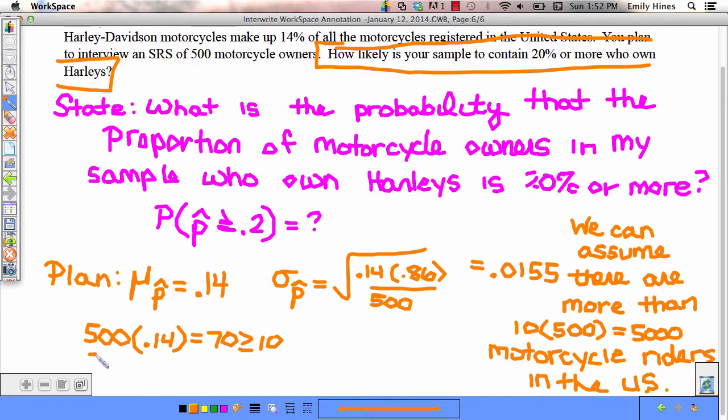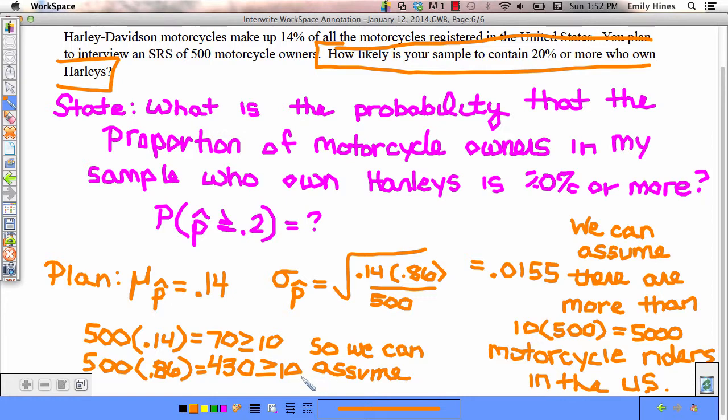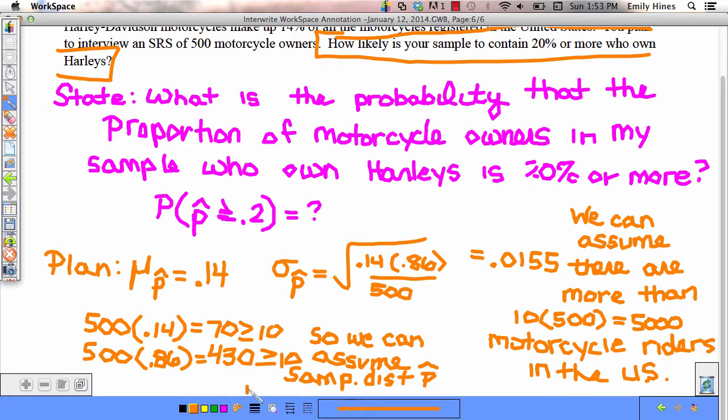And 500 times 0.86 is 430, which is also greater than or equal to 10. So we can assume the sampling distribution, and I'm going to abbreviate because I'm running out of room, of p hat is approximately normal.